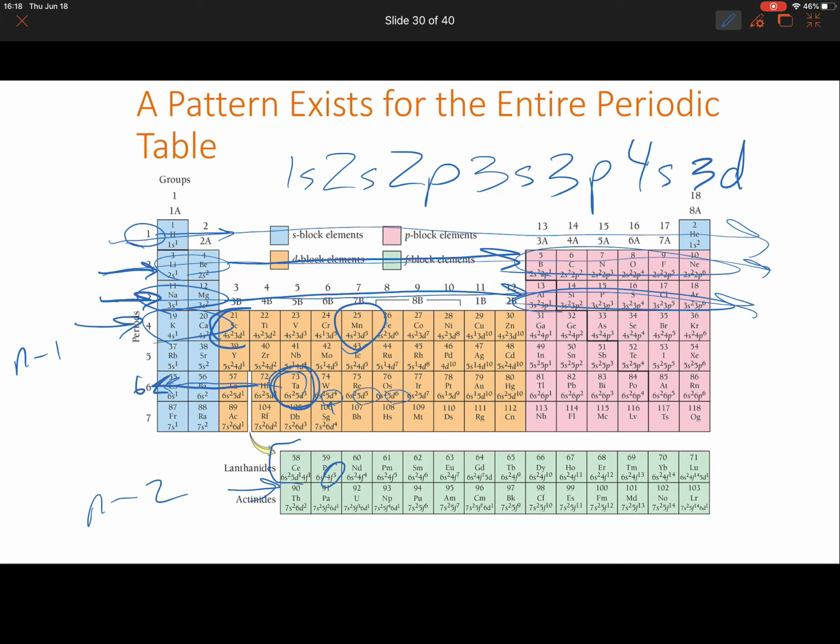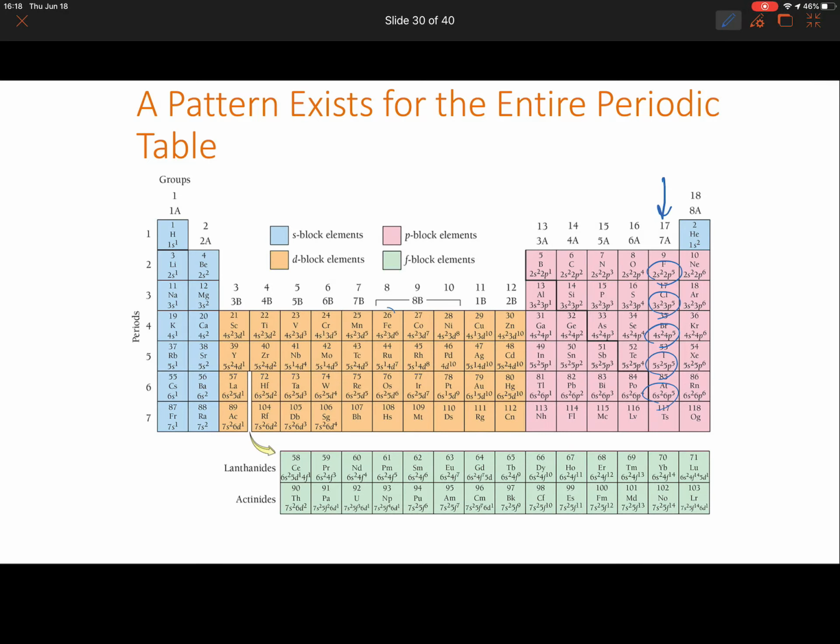So 7A, 7 valence electrons all the way down. The row of the periodic table is equal to the highest principal energy shell. For example, even though iron is 3d, that's not its highest energy electrons. Its highest electrons are in the 4s2, which is the same as the row number it's in.